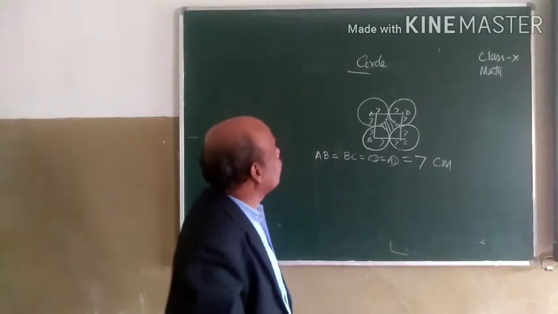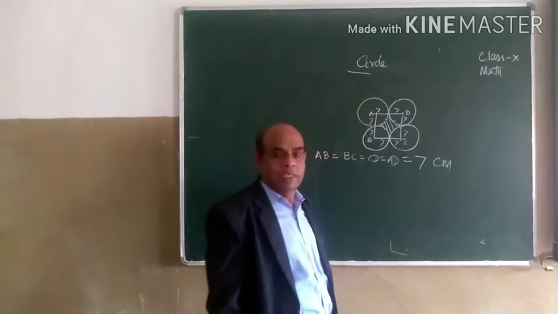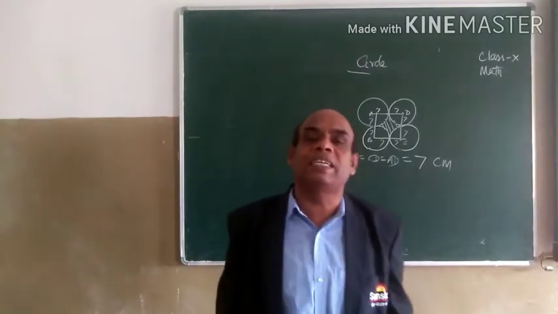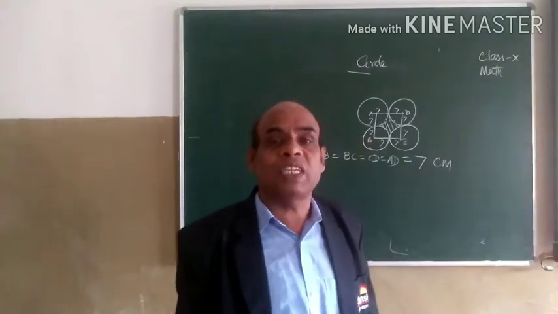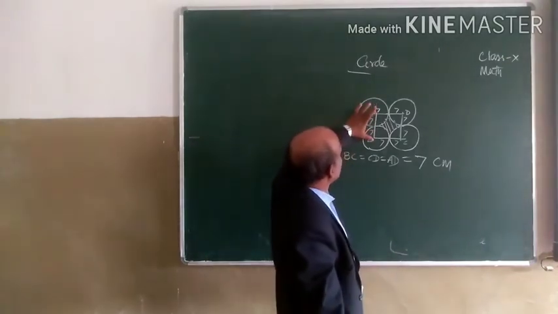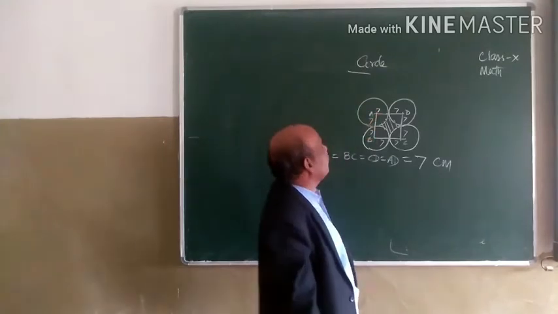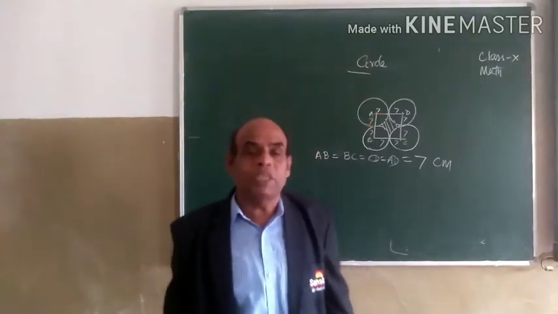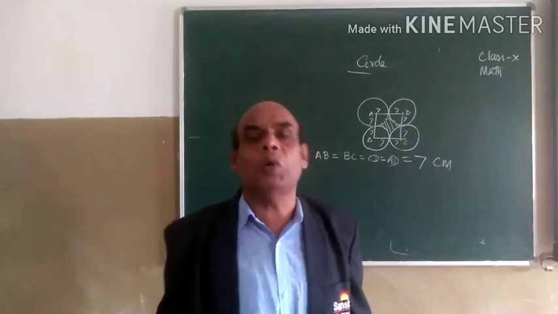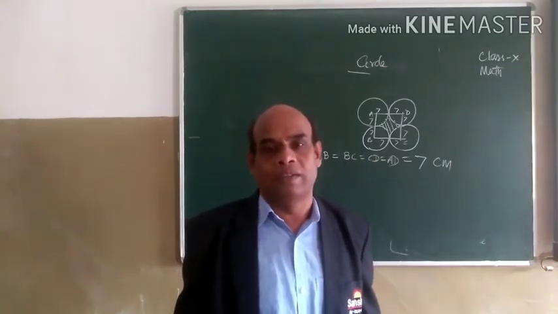Because you see here, all are radii. The radius of each circle is equal. So after joining the radii, you are getting 14, 14, 14 like that. But in a rectangle, you may not say all sides are equal.